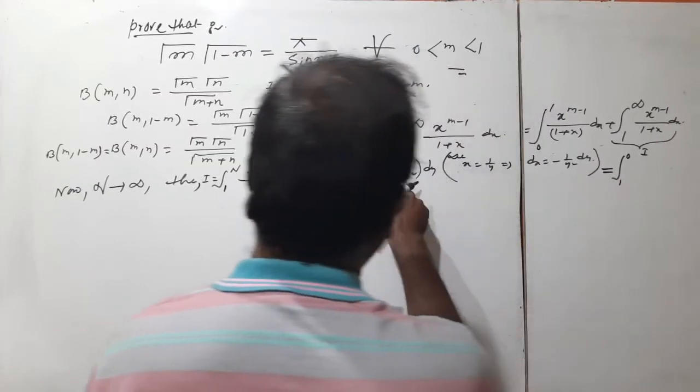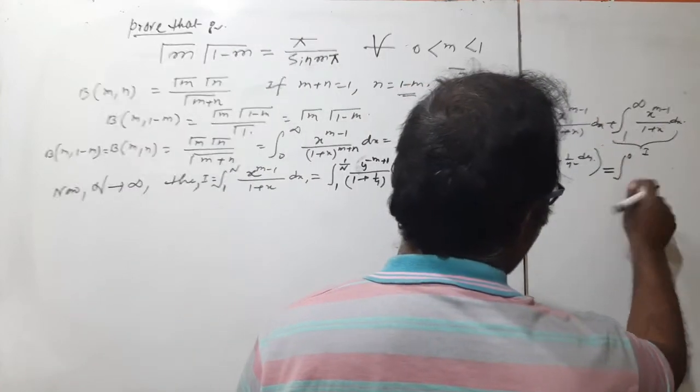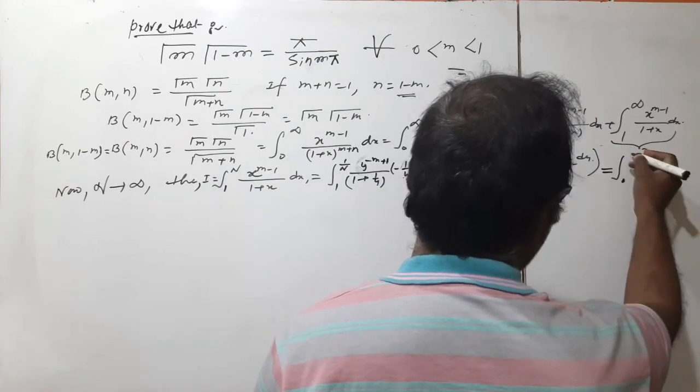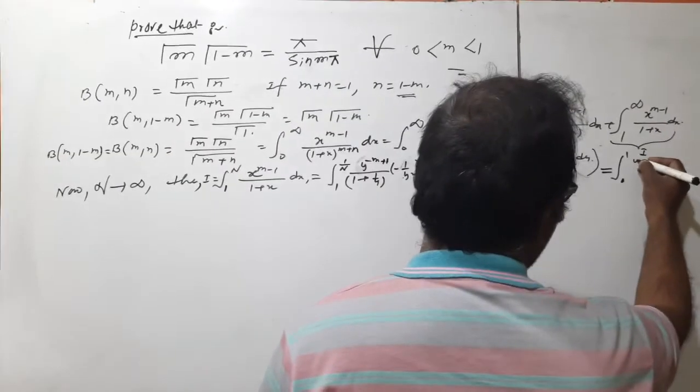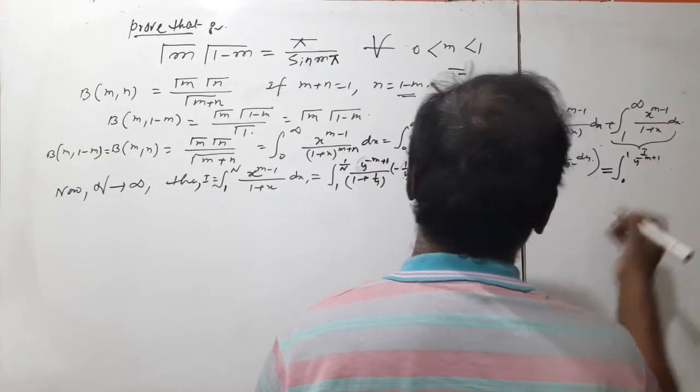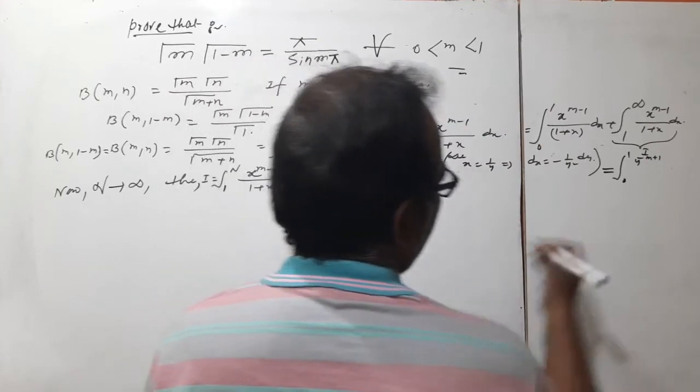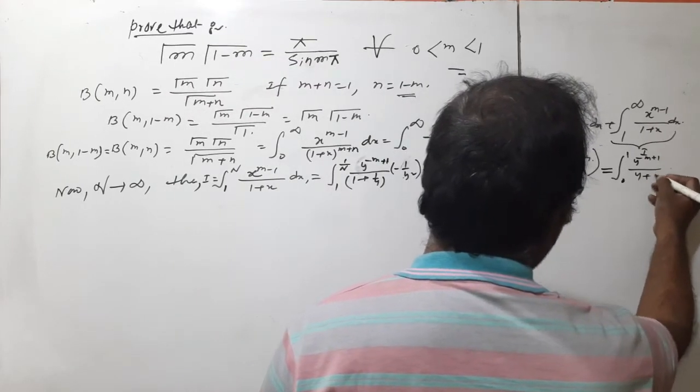so this is here minus, changing the limit from 0 to 1, this is 0 to 1 of y to the power minus m plus 1, and this is here y plus 1.